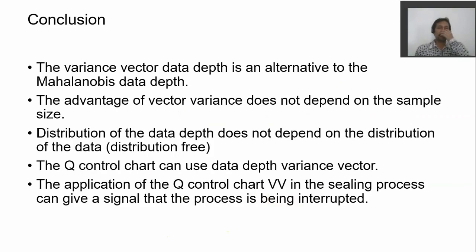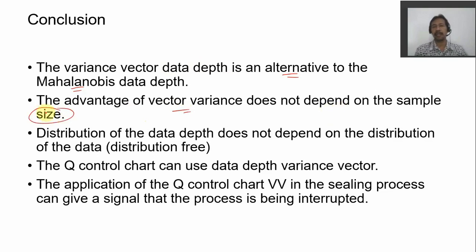So the conclusion: the vector variance data depth is an alternative to the Mahalanobis data depth, and we saw that the vector variance data depth is better, which is shown by our simulation studies. The advantage of vector variance is that it does not depend on the sample size.